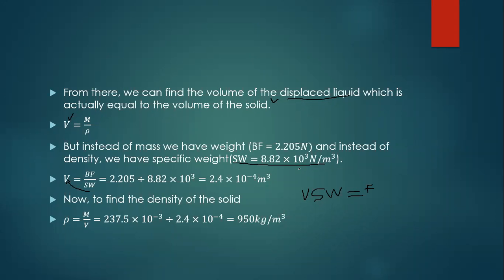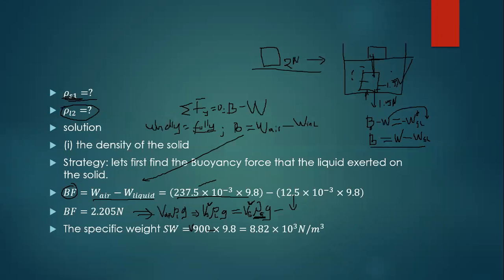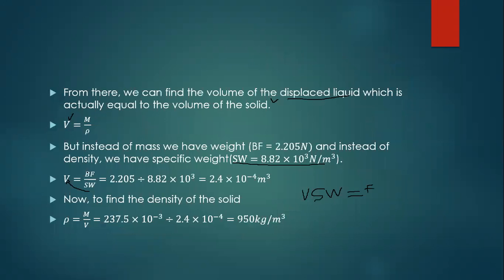So you see the reason why we didn't multiply by the volume here: first of all, we don't have the volume. Sometimes when you don't have something, you can find the specific weight. You already know that in the specific weight I've left out volume, but I can find volume knowing that I have the buoyancy force.